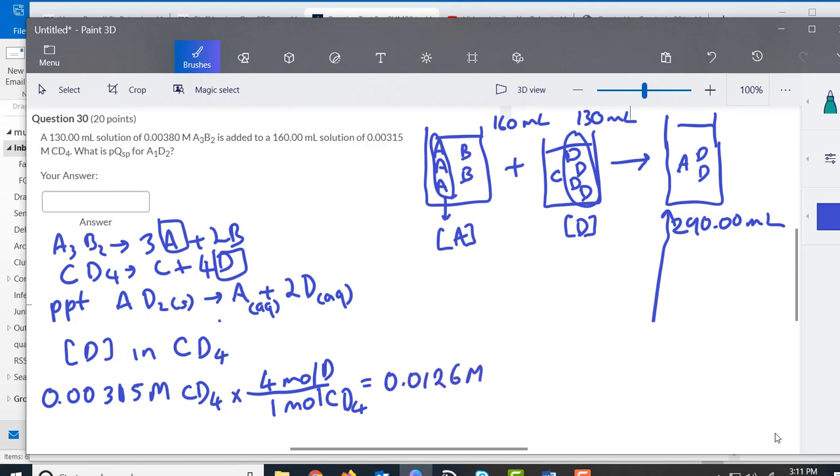So that is the concentration of D in this solution over here.